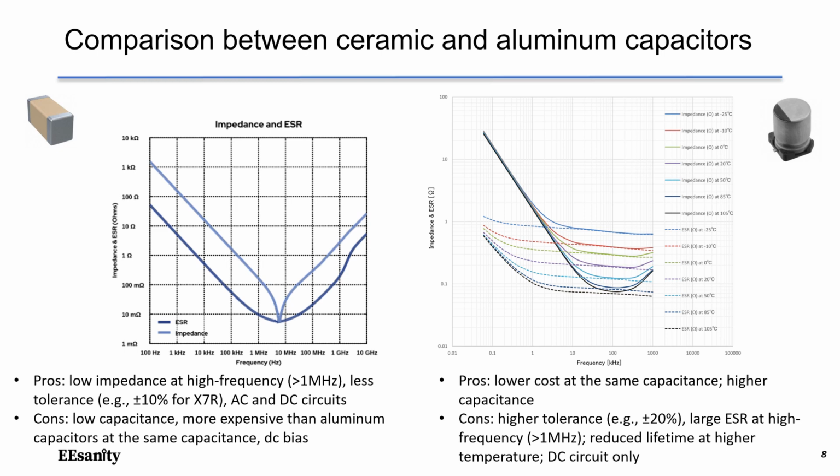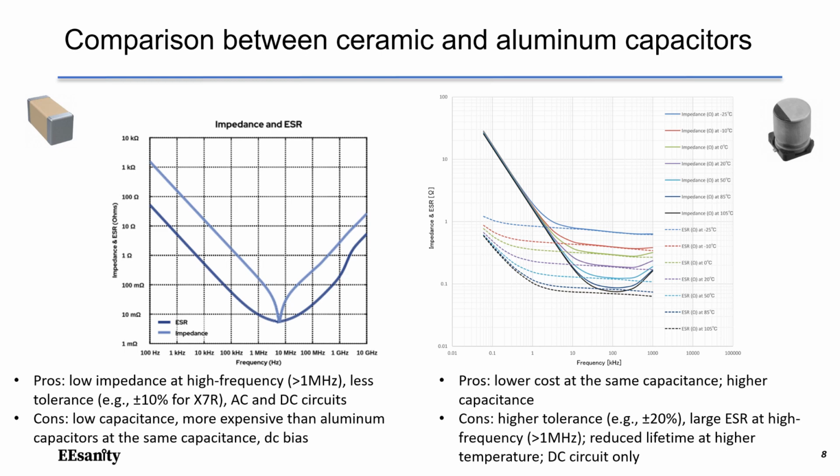It has less tolerance, for example, plus minus 10% for X7R capacitor. It is applicable for both AC and DC circuits. The disadvantage is ceramic has lower capacitance and is more expensive than aluminum capacitor at the same capacitance. Also, it has the DC bias disadvantage.